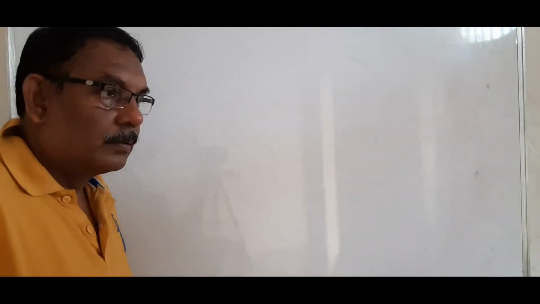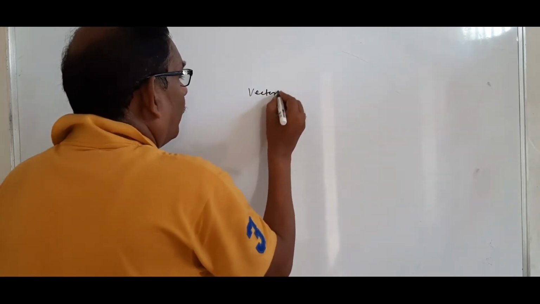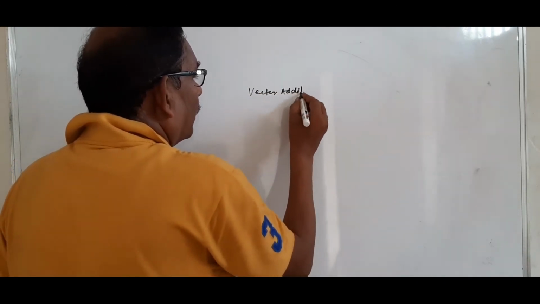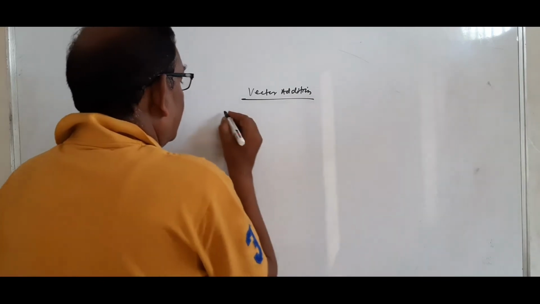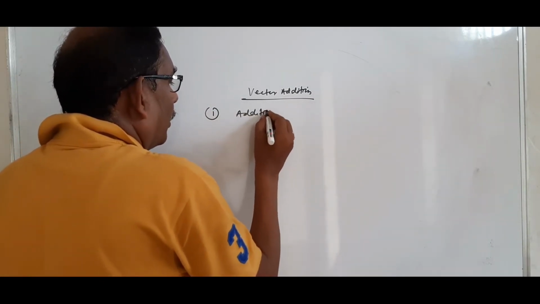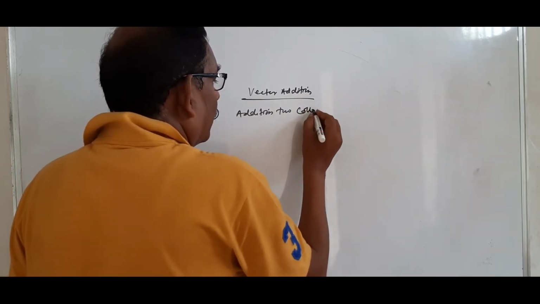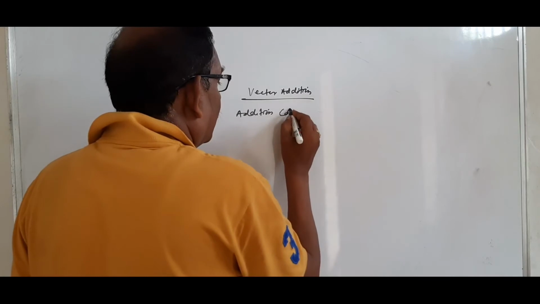So now the vector addition. First, addition of two collinear vectors.